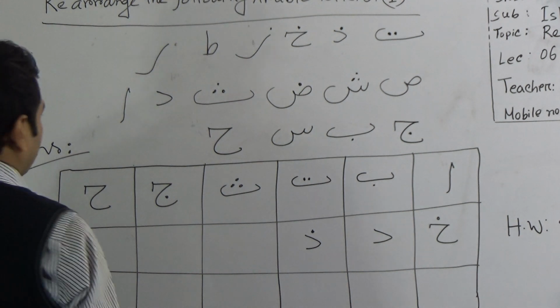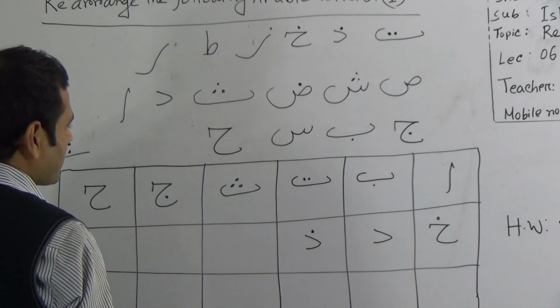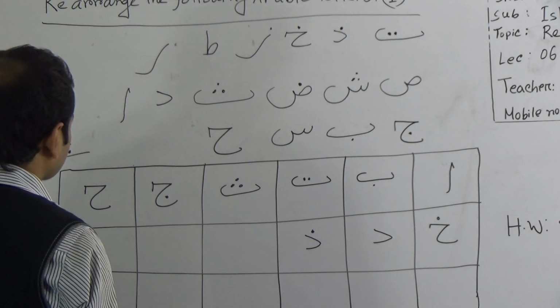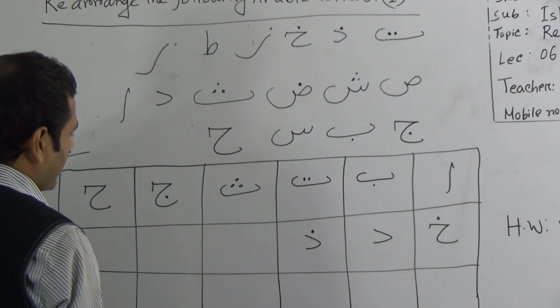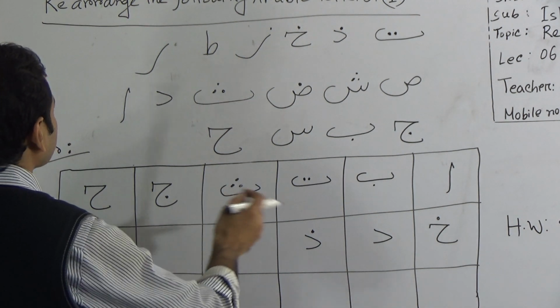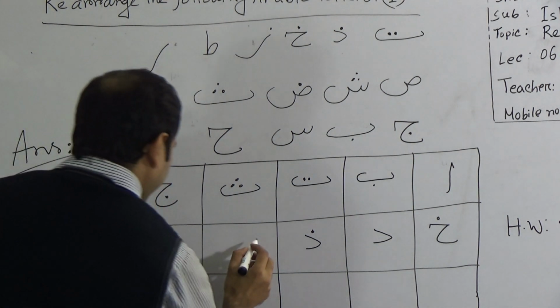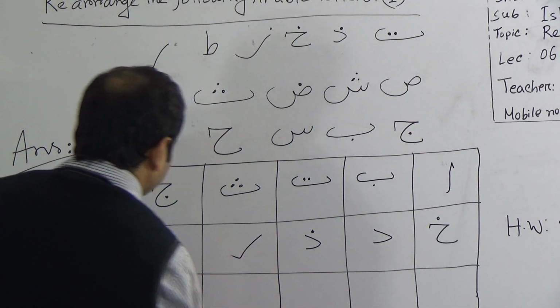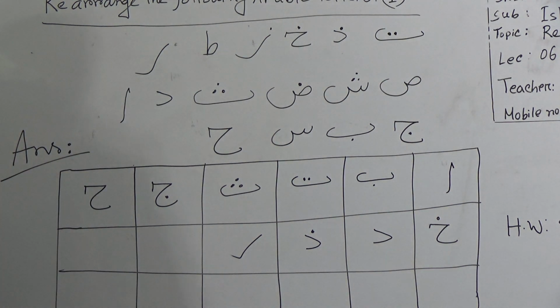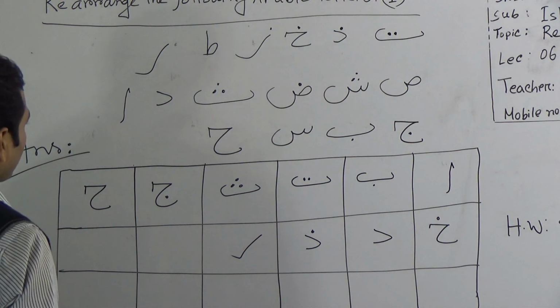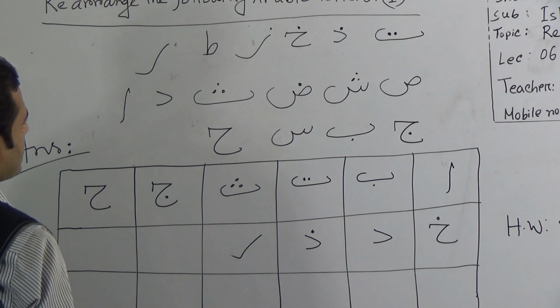Now after zal, which letter comes, dear students? Ra comes after zal. So where is ra? Ra is written in the first line. So ra will be here. Now which letter comes after ra? Za. The answer will be za.